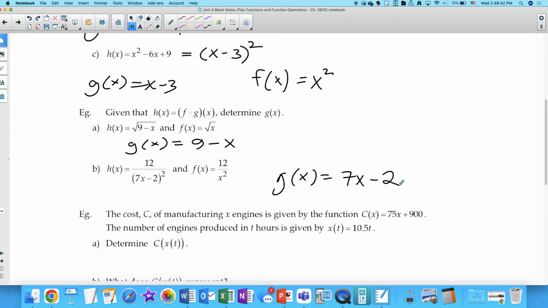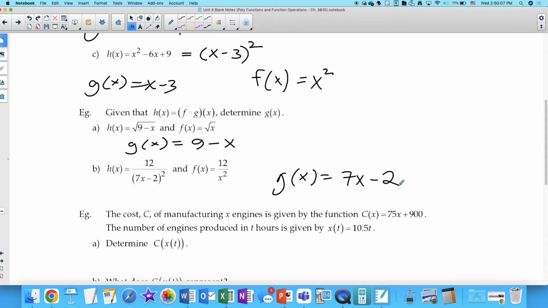Okay, so here's what's happening. The cost depends on the number of engines, but the number of engines depends on some other variable, and that depends on time. So now what we want to do is determine what C of x of t is. What is this composite function? What I actually want to talk about first is this piece.